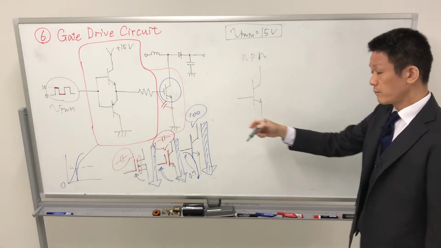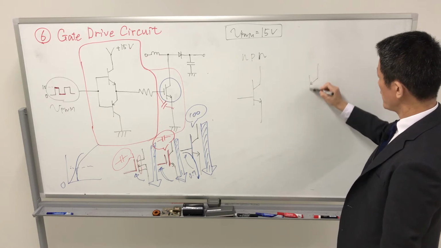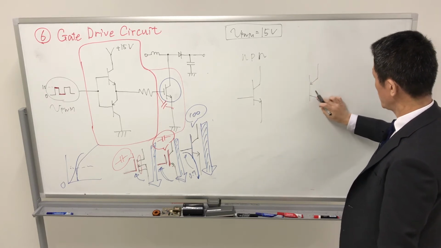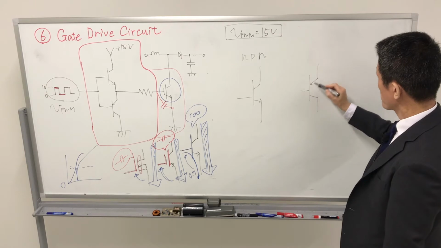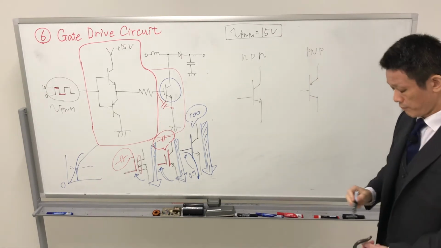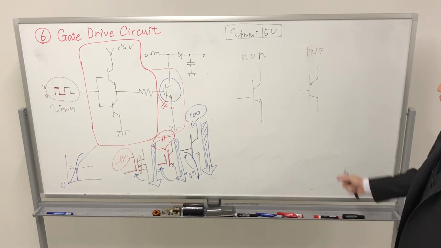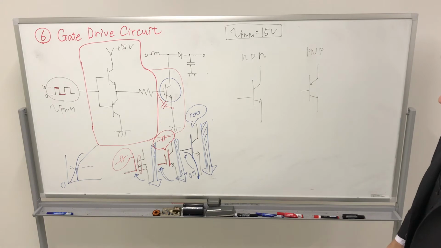The lower side transistor we call the PNP type, bipolar transistor.